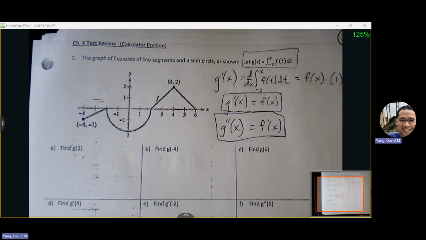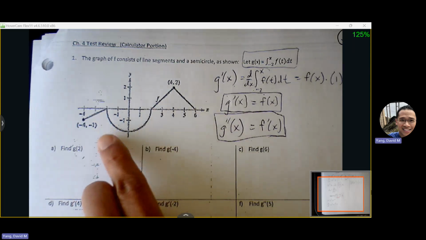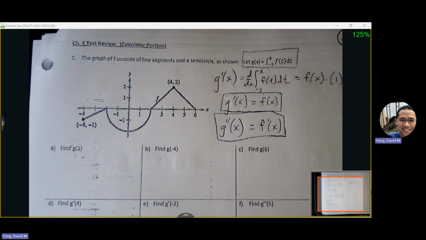Okay, so now we know that a lot of the g functions are asking about the area that we see in these regions, and so we want to make sure that we are looking in the appropriate regions when we are looking at our diagram. So you're only going to look at what's between the graph and the x-axis, not other shapes that you see. So what I mean is we're only looking at these regions, even though you may see other shapes in your diagram.